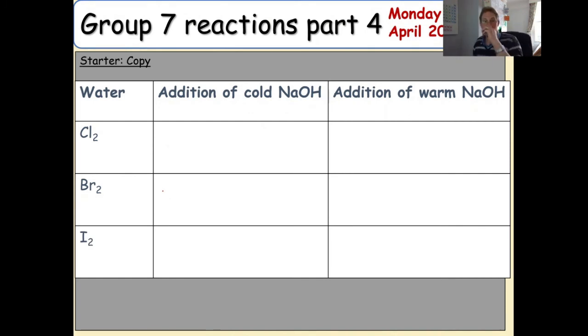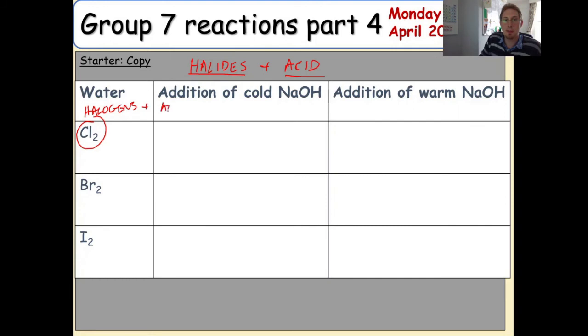As well as reactions of the halides plus acid, we look at the halogens plus alkali. So do again make sure that you are using the terminology correctly.